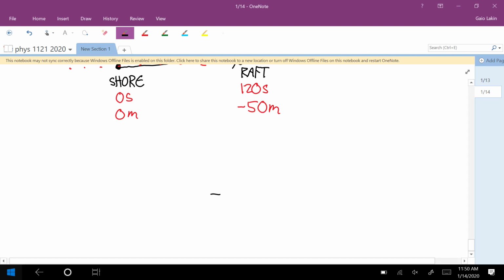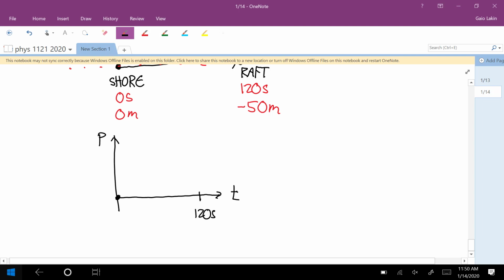And so a position versus time graph, we start at 0, 0. We end at, so that's 120 seconds.